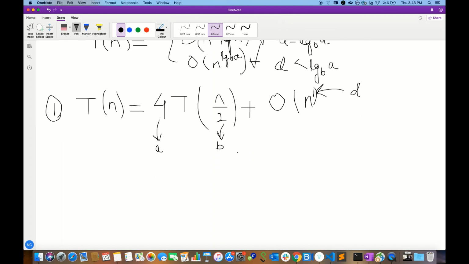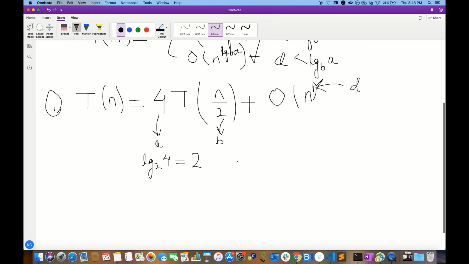So here in this situation, log to the base B of A will be log of 4 with base 2, which equals 2.